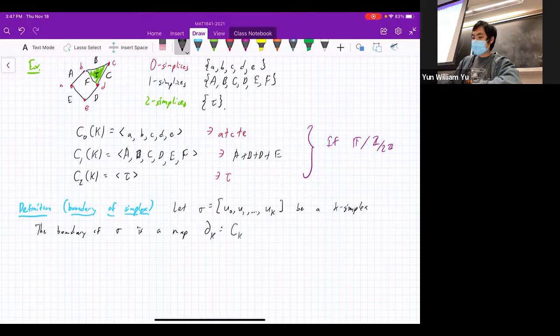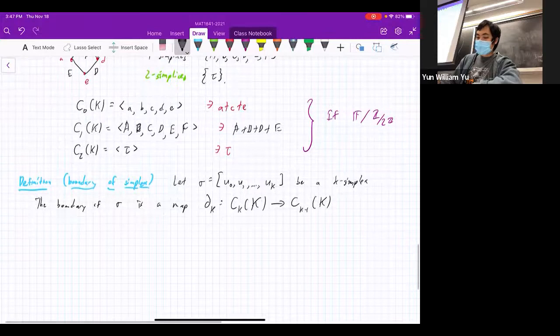That goes from Ck of capital K, oh sorry, I've used k for both things, to Ck minus 1 of capital K. And what is it?